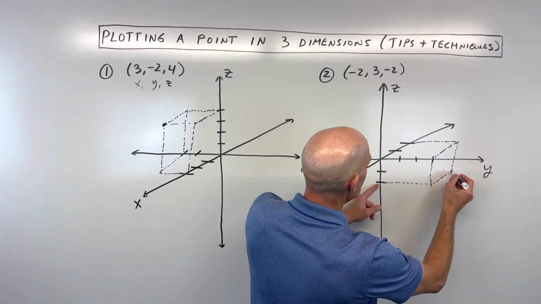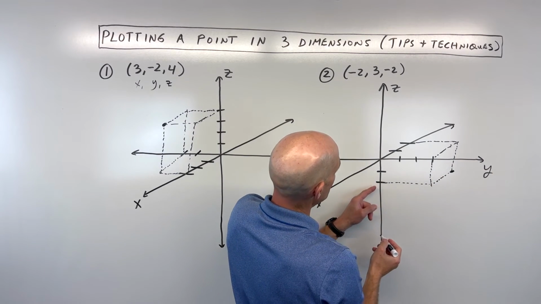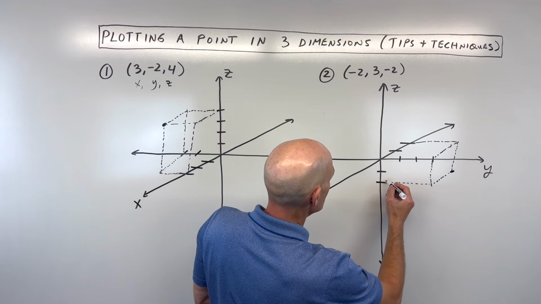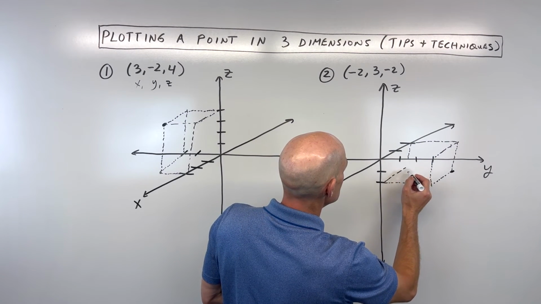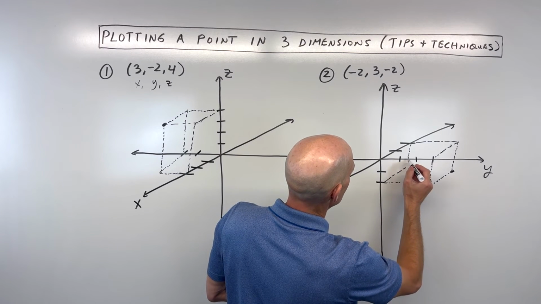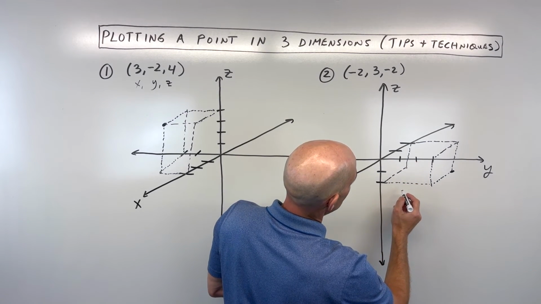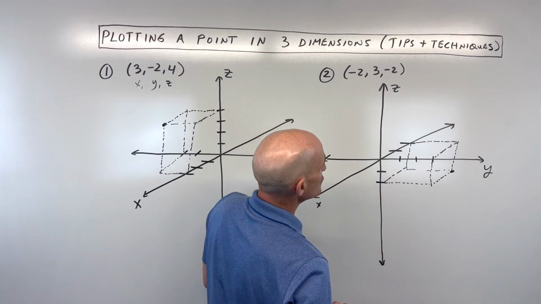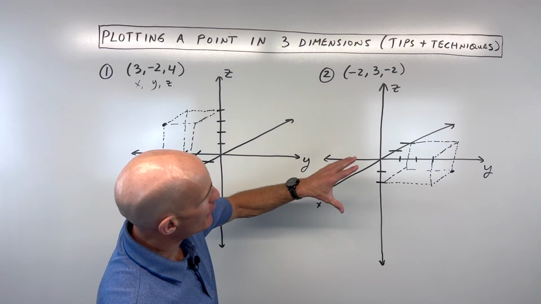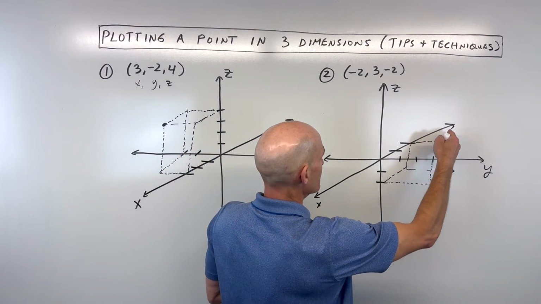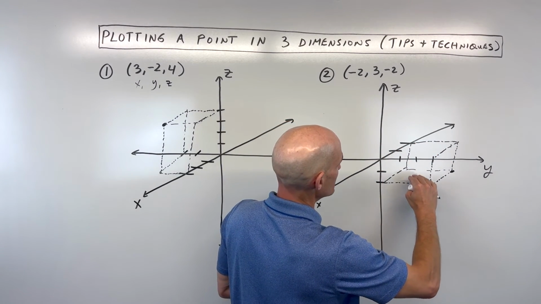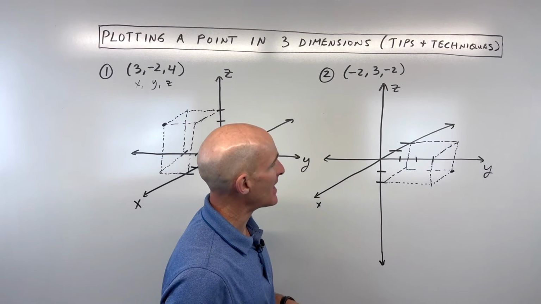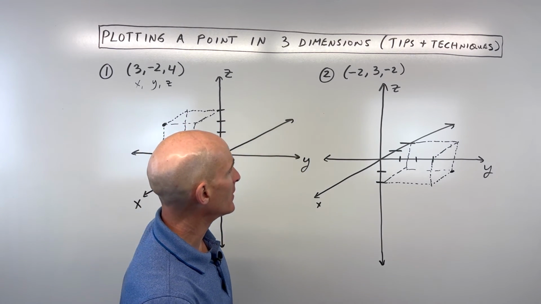So our point is really right here, but can we continue the box a little bit further? Yeah, we can bring this down, bring this back like this, bring this across. What you're trying to get is a prism where this is 2 units, 2 units, 2 units, 2 units, 3 units, 3 units, 3 units. All the opposite sides are parallel and congruent.